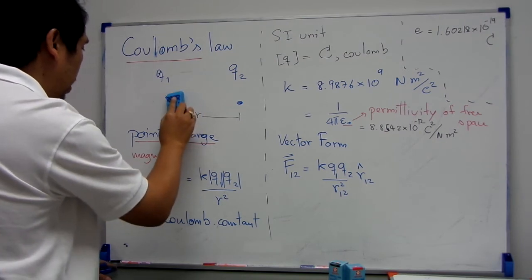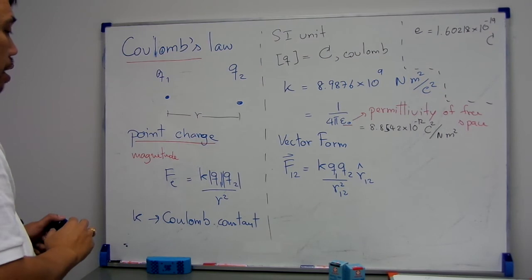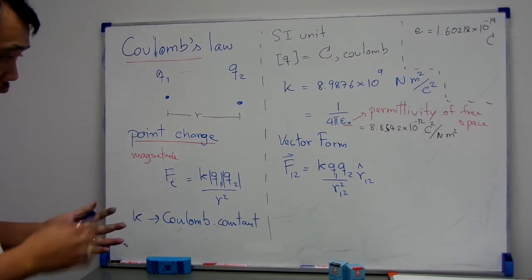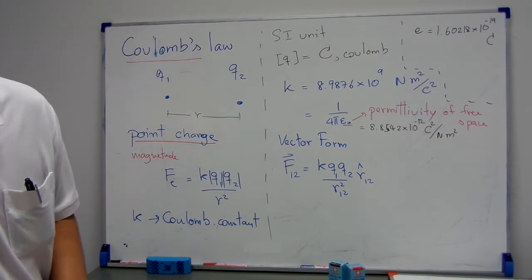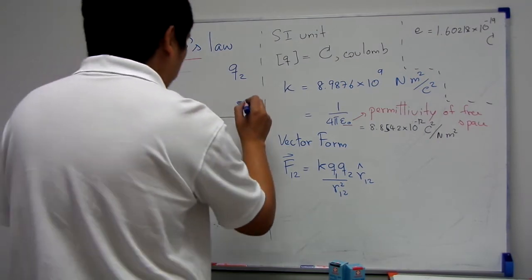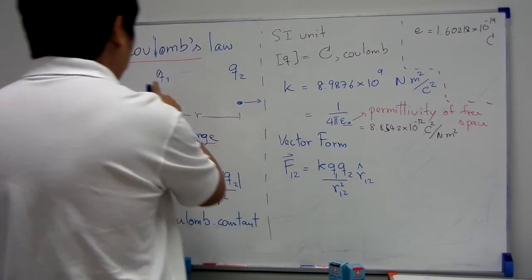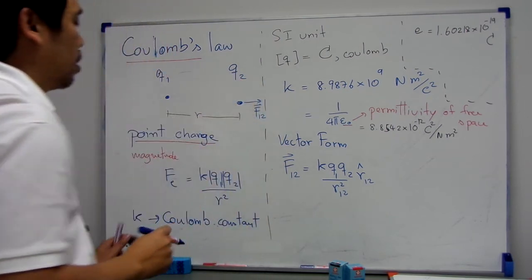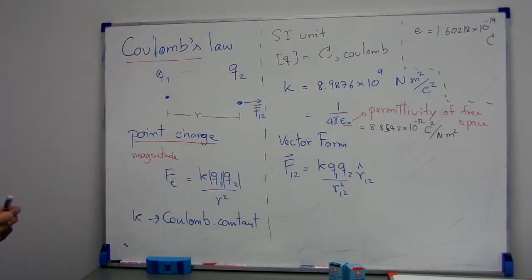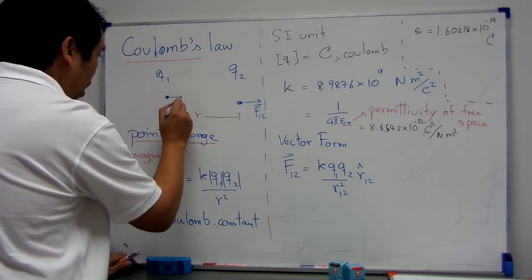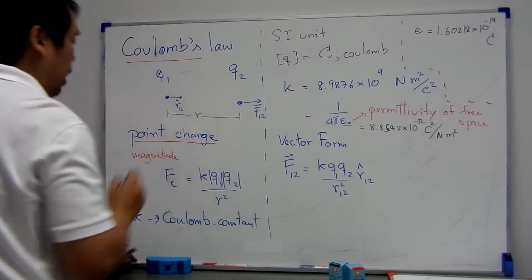Be careful on this because we can write down this notation many ways. Here I follow the survey notation. So here we have that F12 is the force from charge number 1 on charge number 2. And the unit vector R12 is the unit vector that points from charge number 1 to charge number 2.